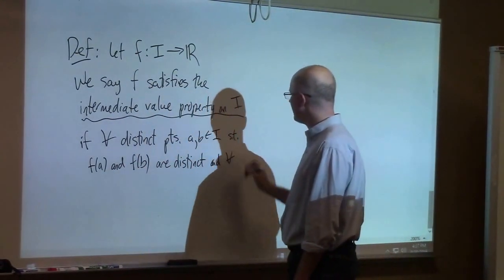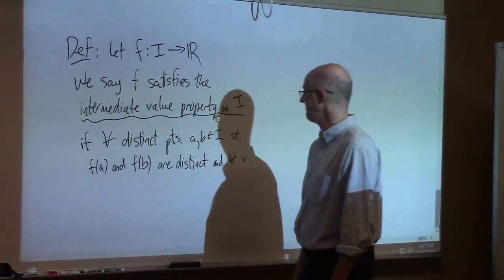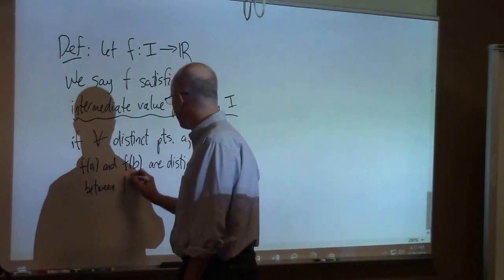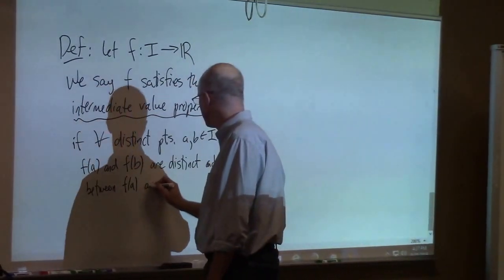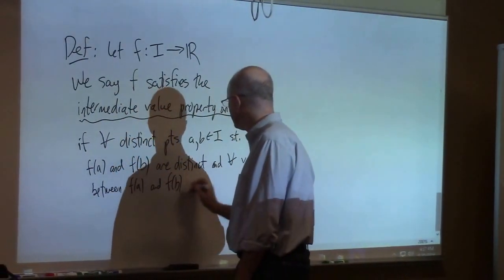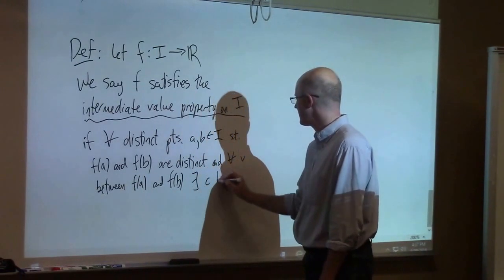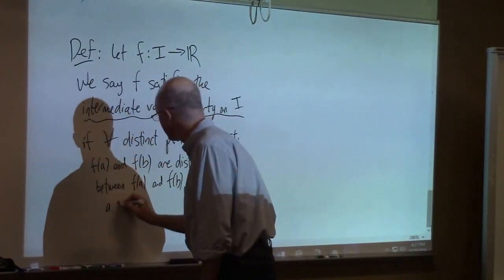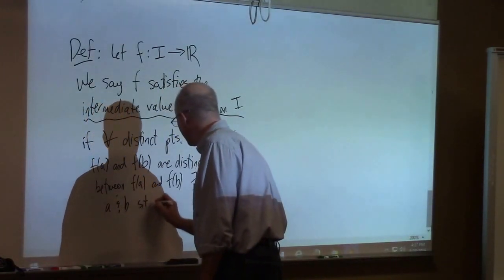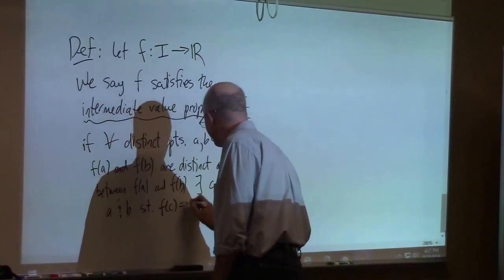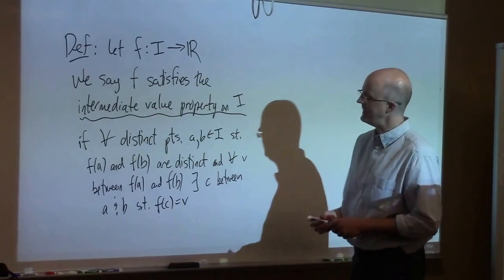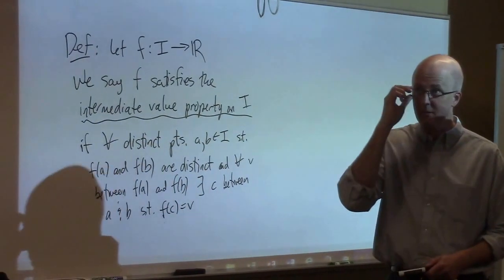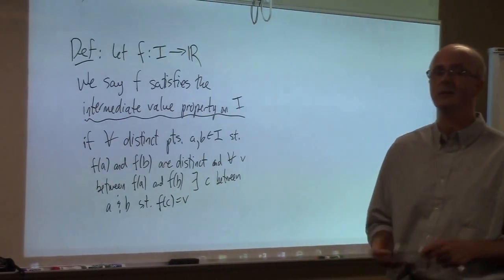And for all values v between f of A and f of B, there exists a C between A and B such that f of C equals v. v is between f of A and f of B. It is your intermediate value that you're talking about with the intermediate value property.